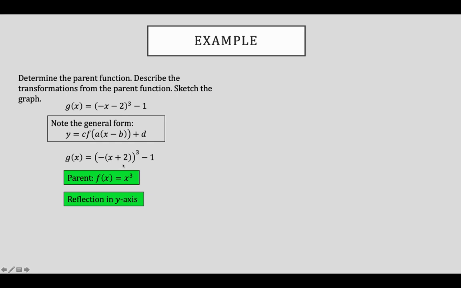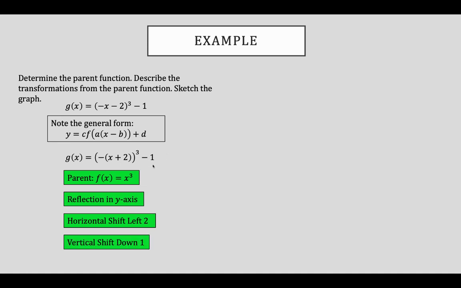Because b is negative, that is going to shift our graph to the left 2 units. And finally, we have this minus 1 on the outside of the parent function. That's going to be coming from adding our constant d. That means d must be negative 1. It's the only way to get subtraction from this addition here. d is equal to negative 1, which means we have a vertical shift down 1 unit.